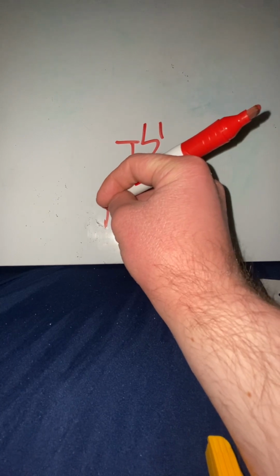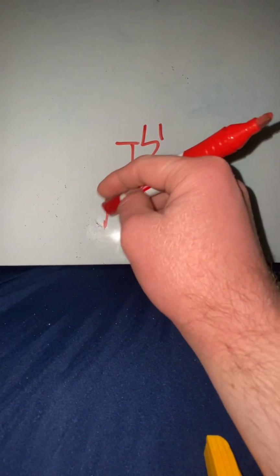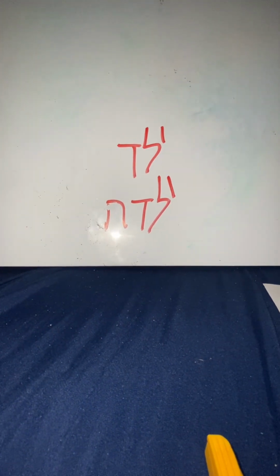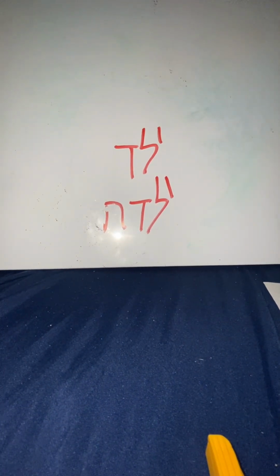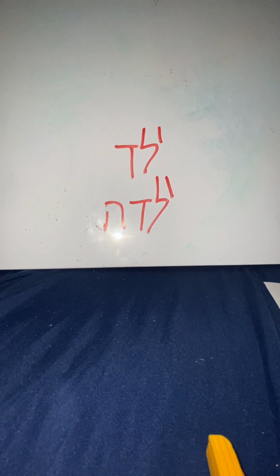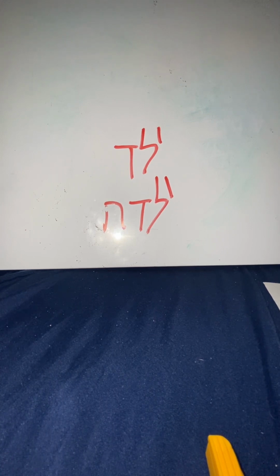And basically that hey at the end of the word changes the whole meaning of the word. I'll get into this stuff more in other videos. But that's this one.